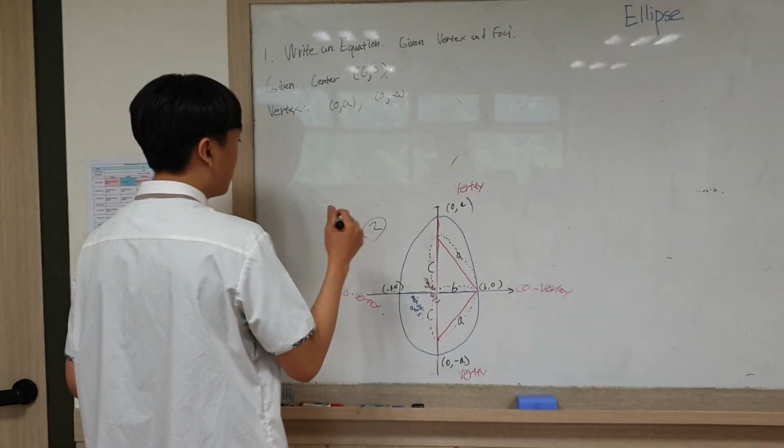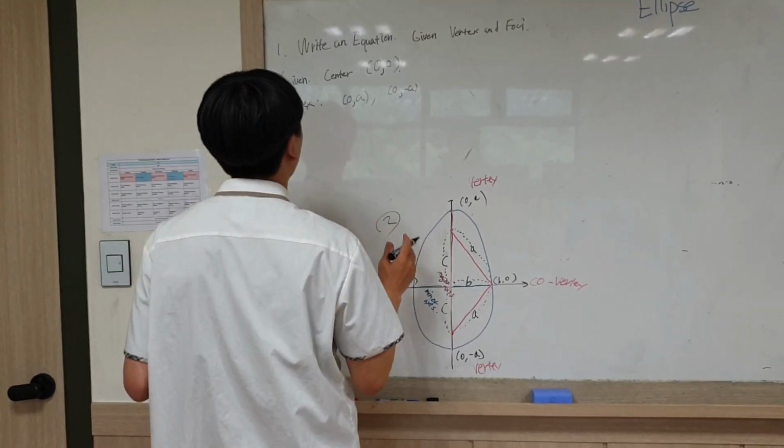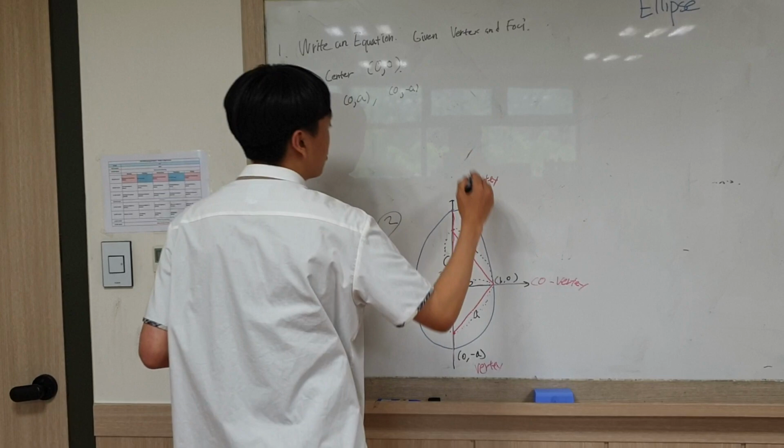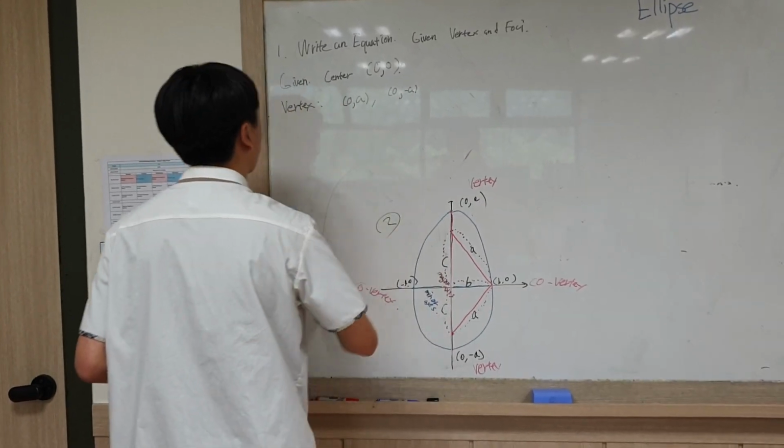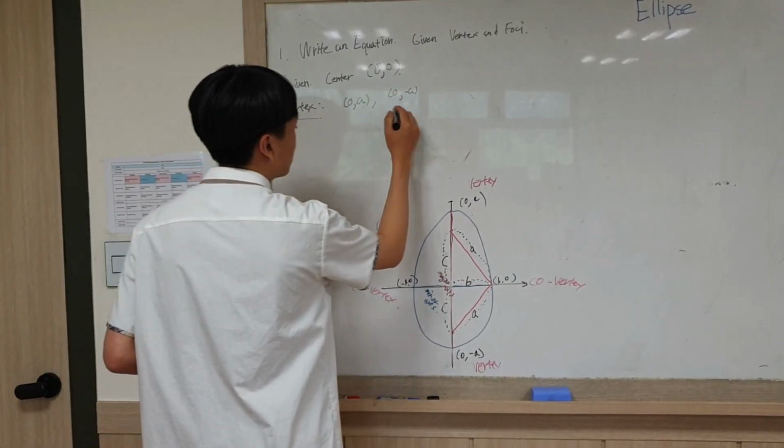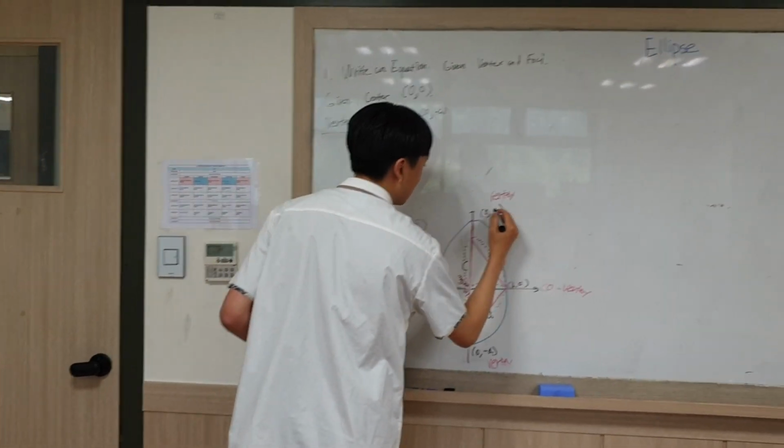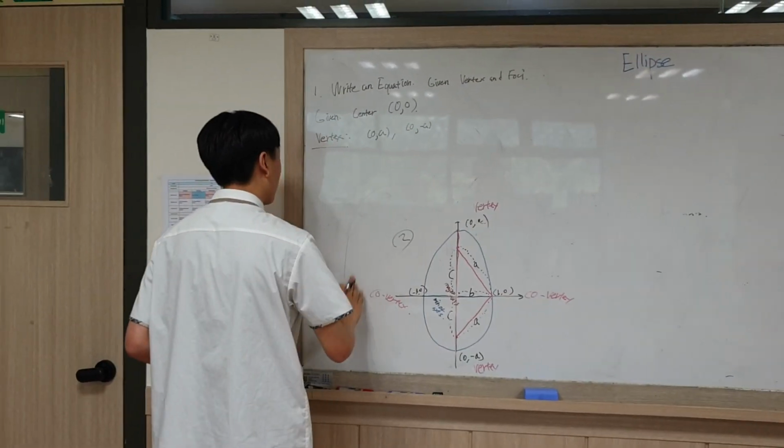So we can immediately know that this equation will be this form because, like it said, the vertices are 0, a and 0, negative a, which is equal to this graph.